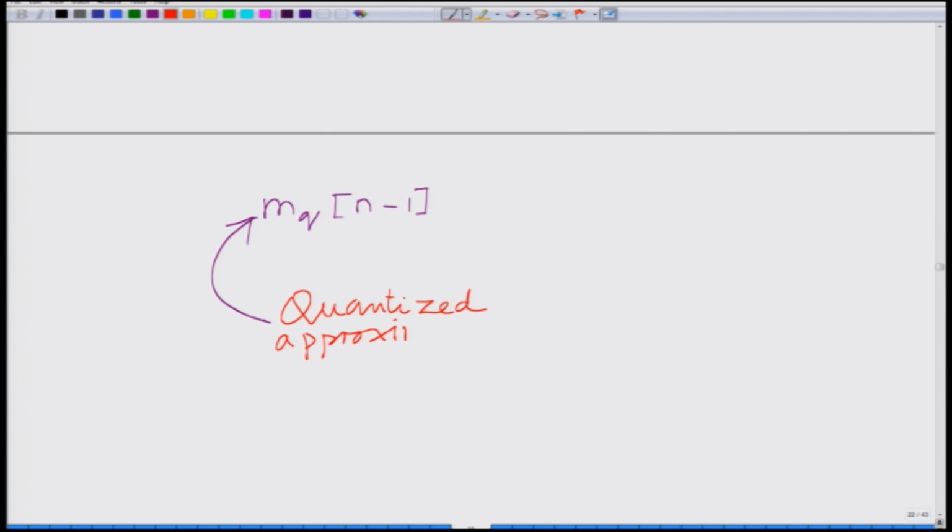I have MQ[n-1], which is the quantized approximation to the signal at time instant n minus 1. This is the quantized approximation to the signal at time instant n.